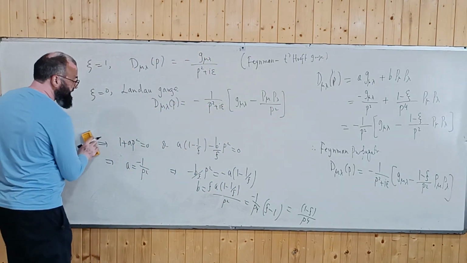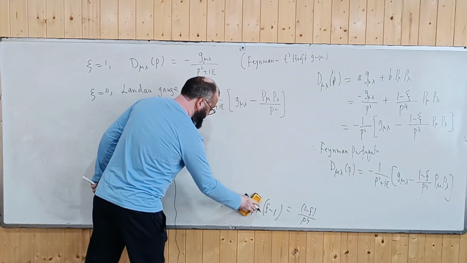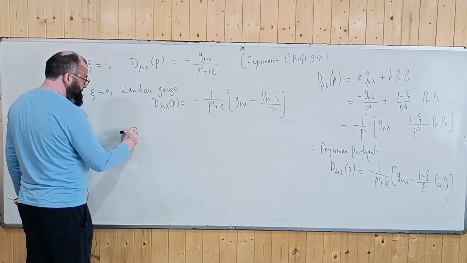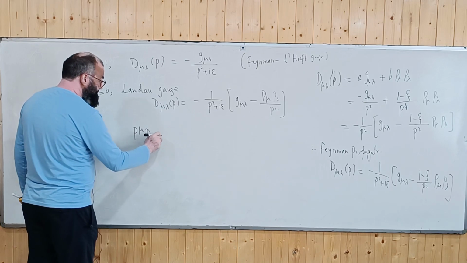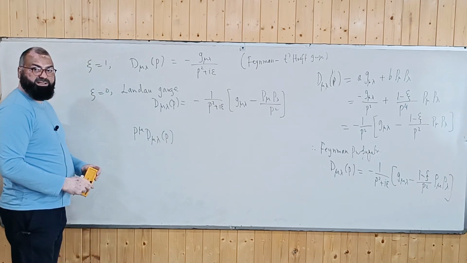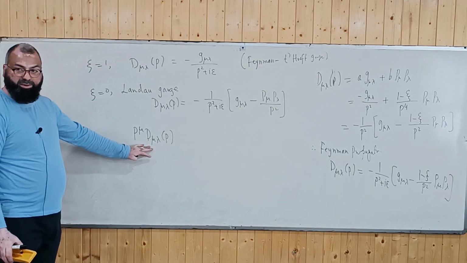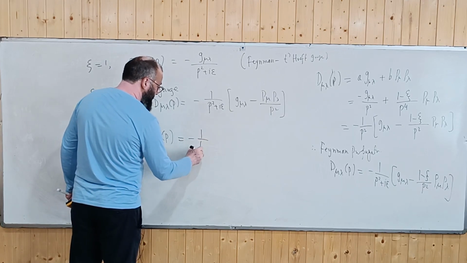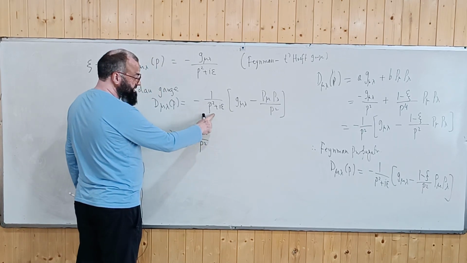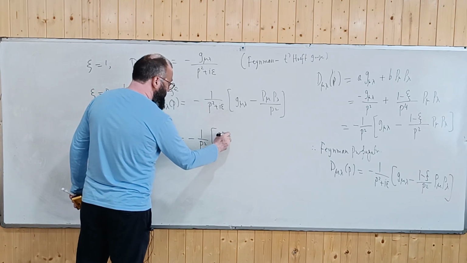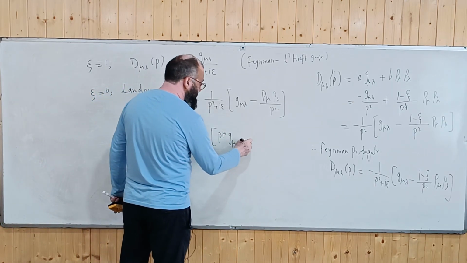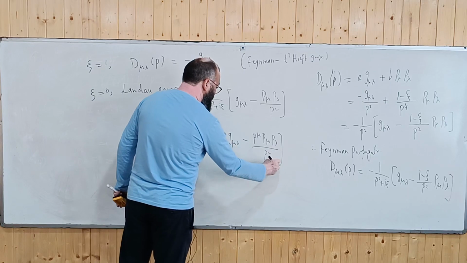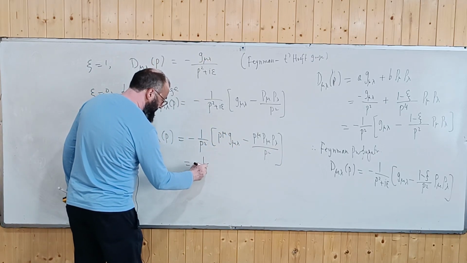Now let's take this product. In the Landau gauge, let's contract with p mu. Let's take the scalar product of the momentum 4-vector with this propagator and check what it gives. Forget about this epsilon for the time being. It's minus 1 by p square, because this is a scalar quantity, then p mu times g mu lambda minus p mu p lambda by p square.